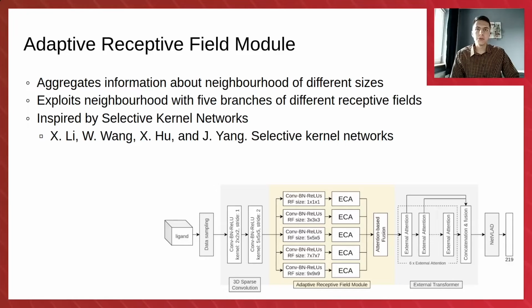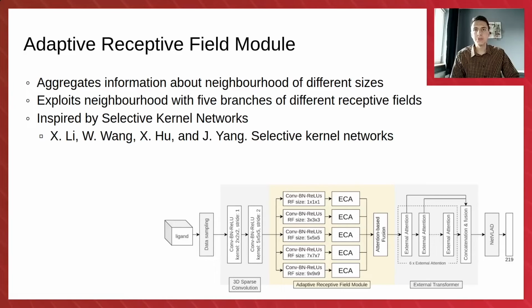For computing efficiency, branches with receptive fields greater than 5 are implemented by stacking multiple convolutions with kernel sizes 3x3x3 and 5x5x5. All convolutions but the last one in the branch are followed by batch normalization and ReLU.